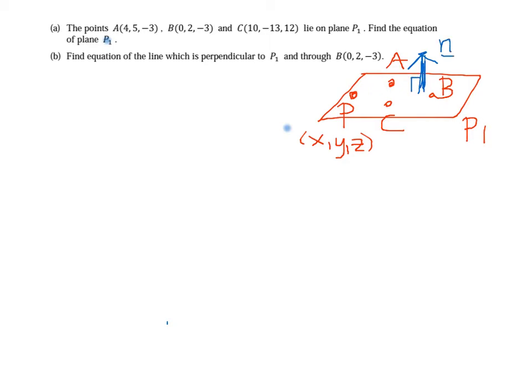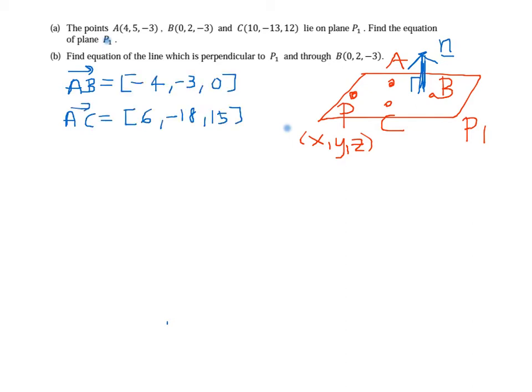One fast way to get the normal to plane P1 would be first by calculating the vector AB and then the vector AC. So if you calculate properly, you should get AB as follows and AC as follows.